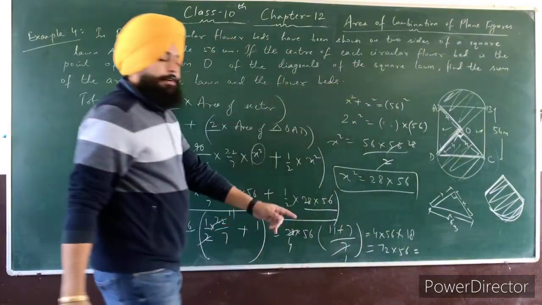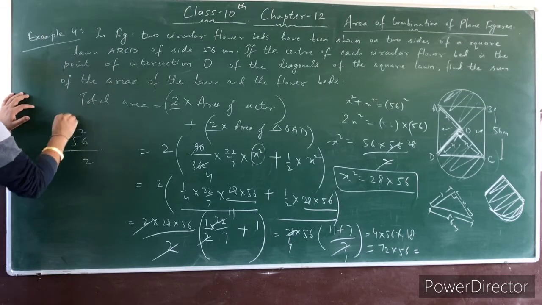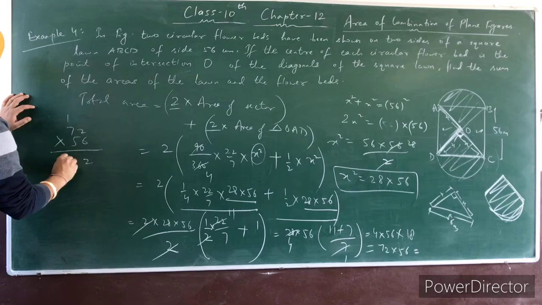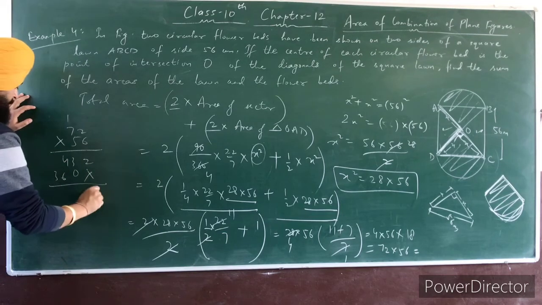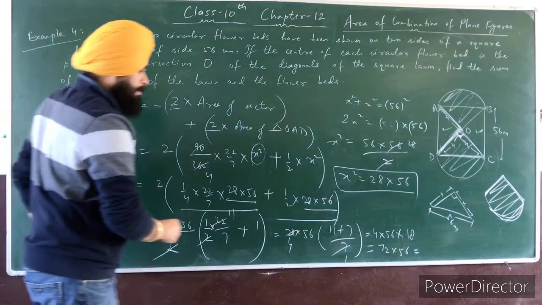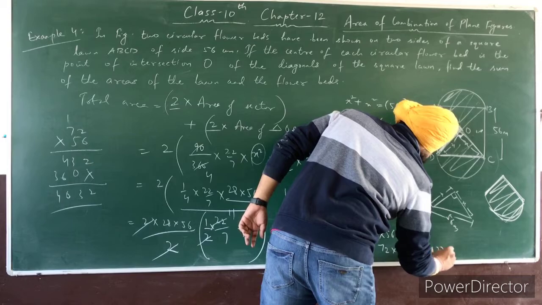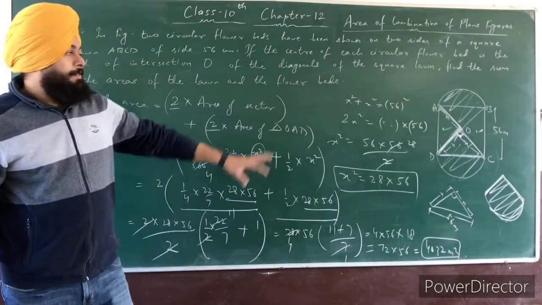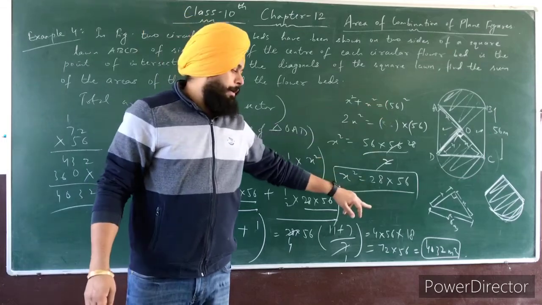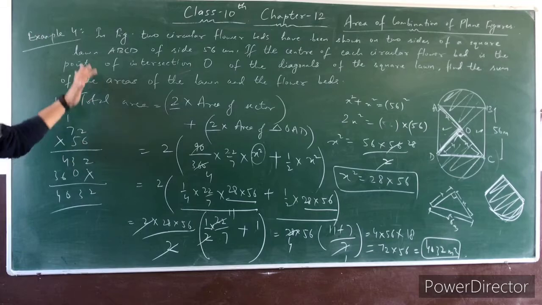Now you should multiply 72 with 56. So the total area of this square lawn and the flower beds is 4032 meter square. Yes students, so this is example number 4.